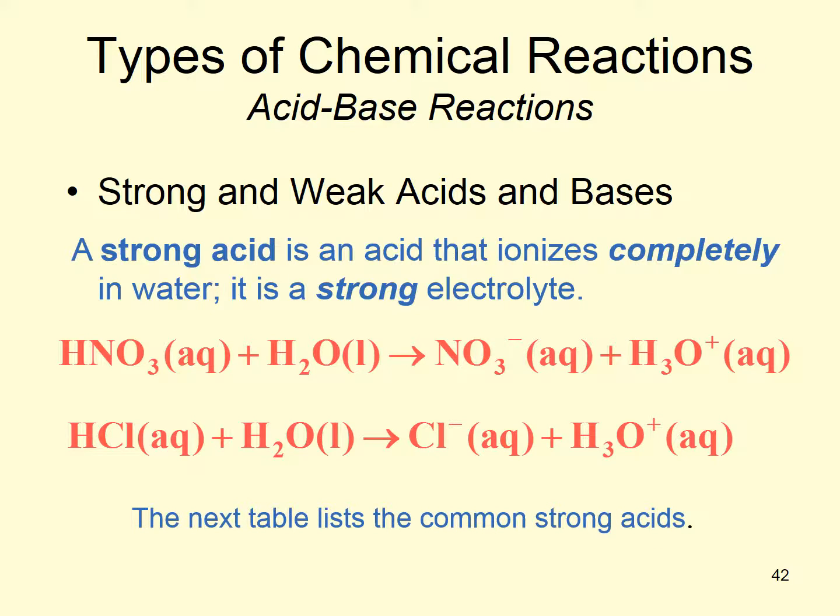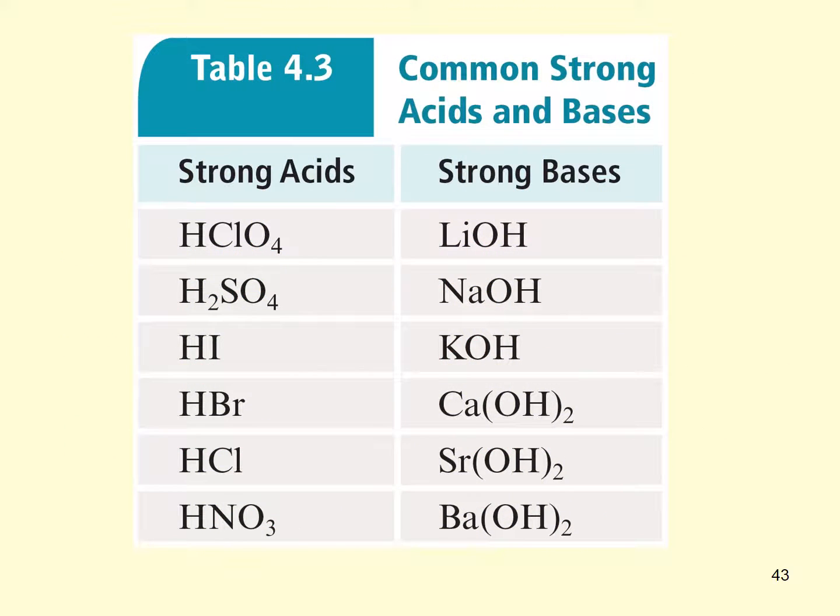On the next table, I list 6 common strong acids that you should remember: HClO4, perchloric acid. H2SO4 is sulfuric acid. HI is hydroiodic acid. HBr is hydrobromic acid. HCl, hydrochloric acid. And HNO3 is nitric acid.